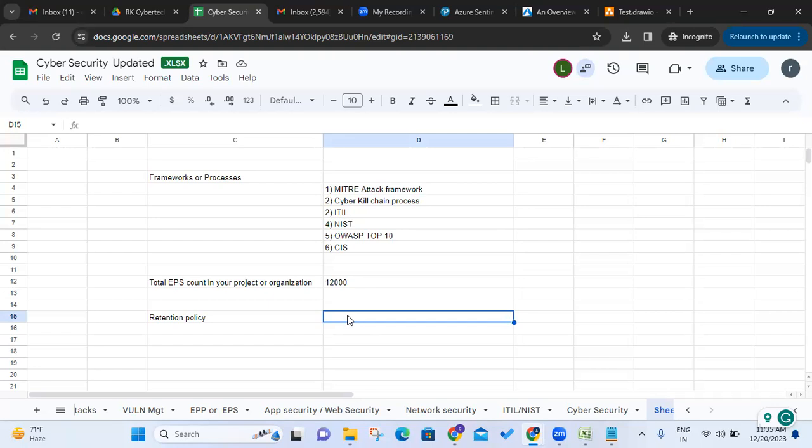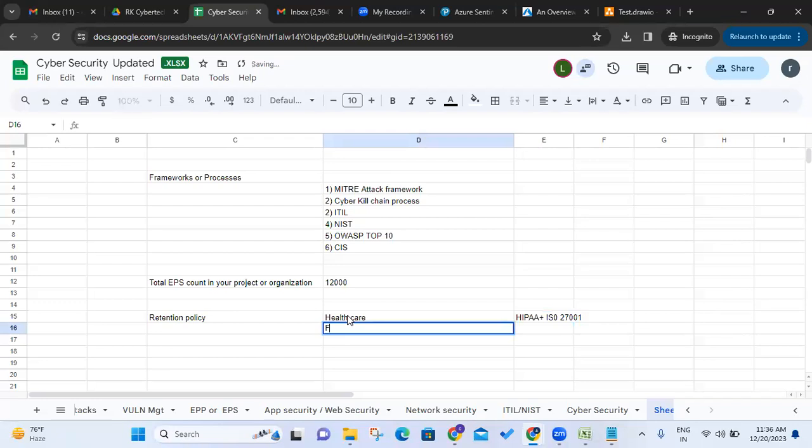So according to these compliances, we are maintaining the retention policy. Clear now? Whatever you are choosing, you can give the answer according to that. Okay. Any doubt? Okay, I will write it, no problem. Healthcare: for the healthcare-related business domain, HIPAA along with ISO 27001.